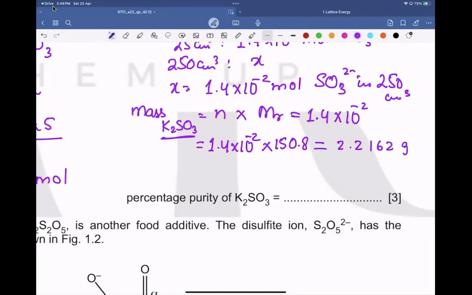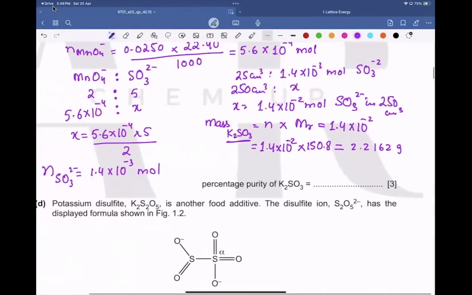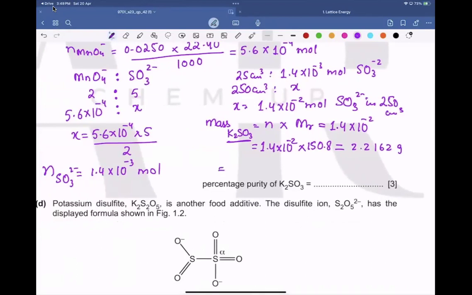Okay, so this is the mass of pure potassium sulfite, and the impure sample has a mass of 3.40. So to find the percentage, it is 2.2162 divided by 3.40 multiplied by 100. Can anyone solve it? It's 65.2%.